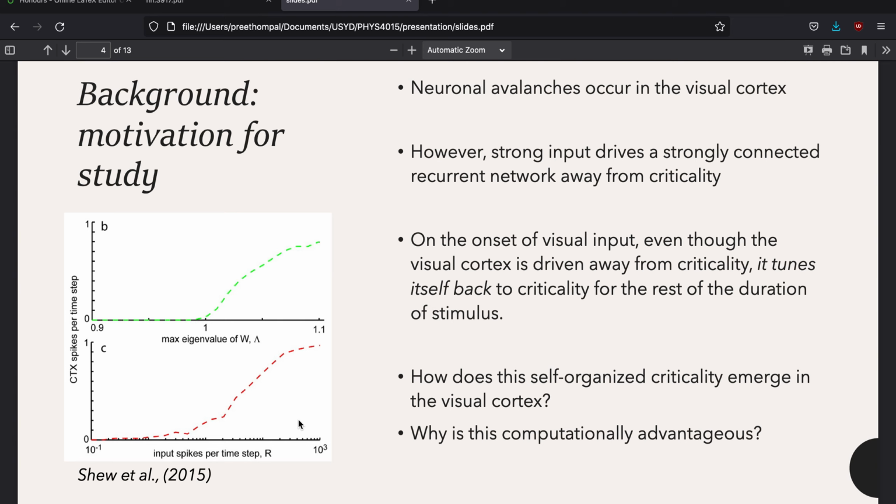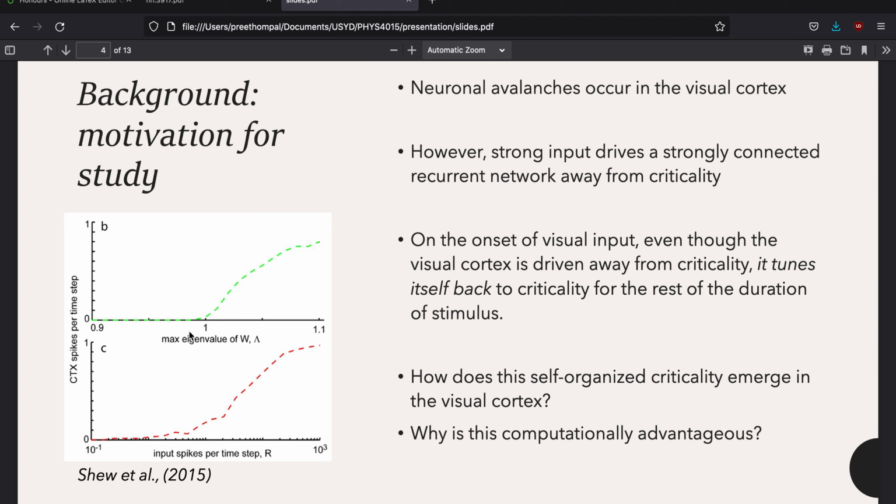But the thing is that we know strong input drives this densely connected recurrent network away from criticality. So on the left here, if you parameterize coupling weights using the max eigenvalue of the matrix describing synaptic weights, increasing that beyond 1 goes into the supercritical stage, and below 1 we're in the subcritical stage.